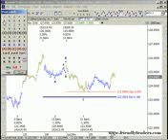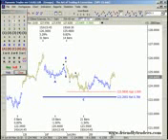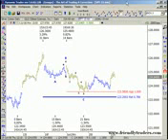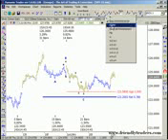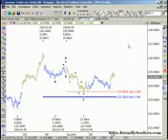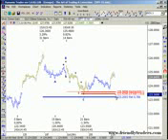It also looks like this wave C decline potentially unfolded in a 1, 2, 3, 4, 5 wave decline, which we've mentioned before is typical of a wave C decline. And if we put up the typical price target for a wave 5, which is the 127% to 162% external retracement of wave 4, we see that this June 19th low actually tagged the typical wave 5 of C target.